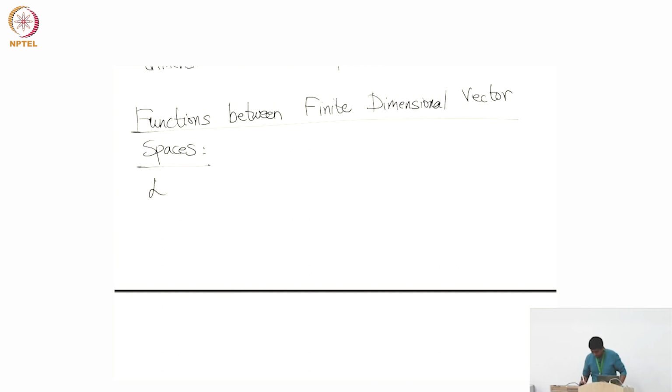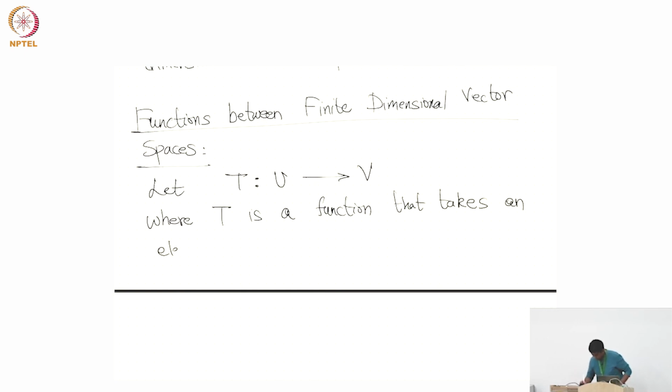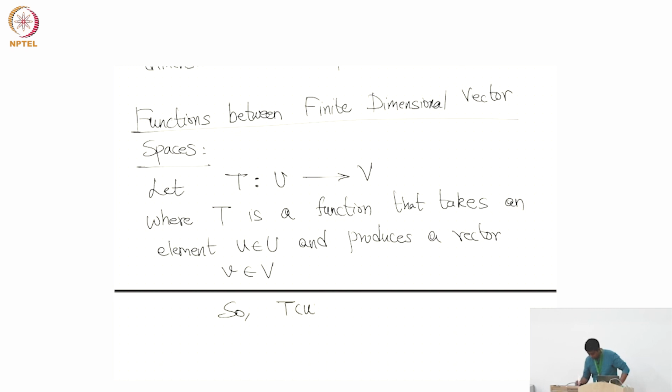Let T be a function from U to V, where T takes an element u in U and produces a vector v in V. My u's and v's might look similar, so let me write it down like that. T of little u is this little v.